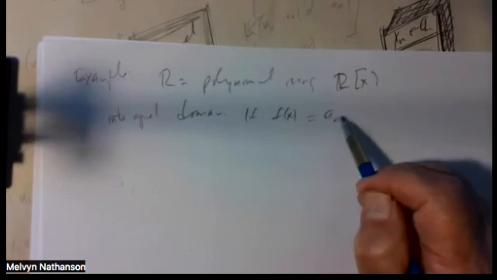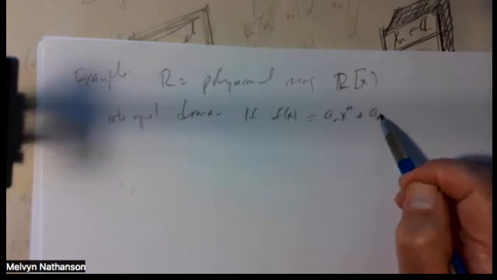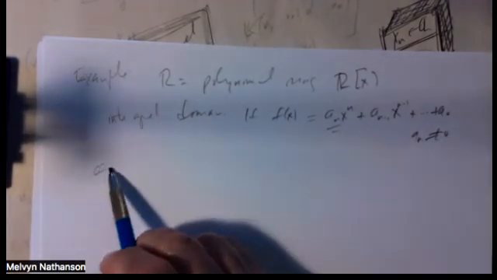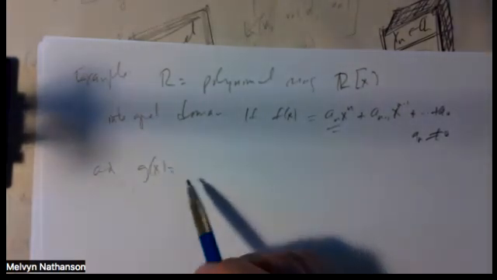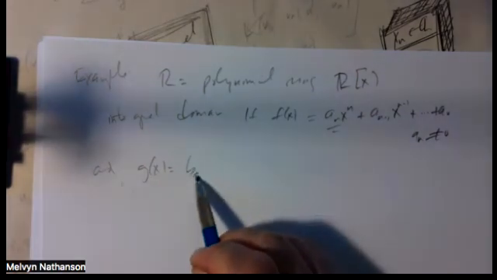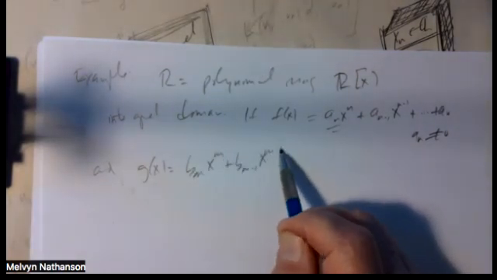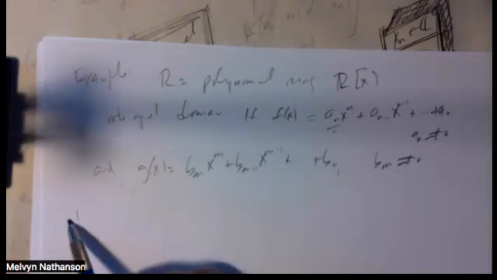It's a commutative ring, and if f of x is a polynomial of degree n, degree n means that a_n is not 0. And if g of x is a polynomial of degree m, which means b_m is not 0.